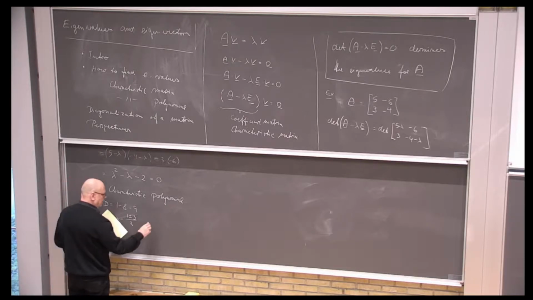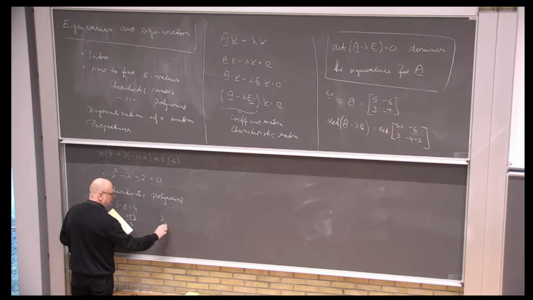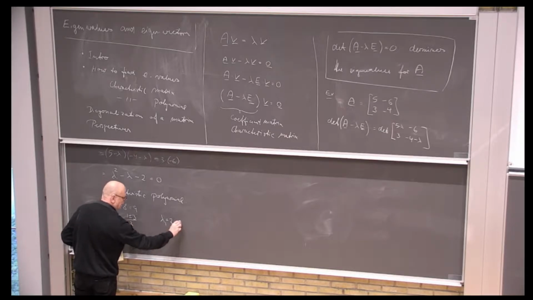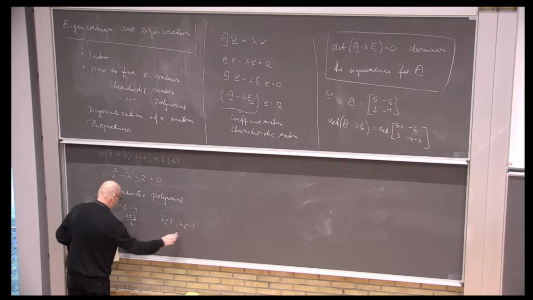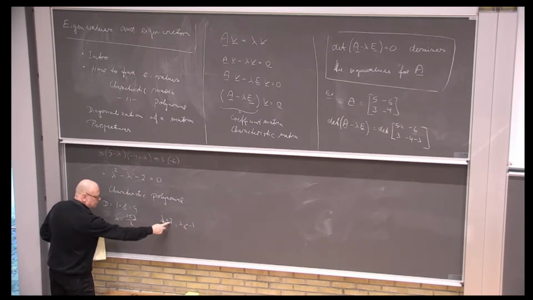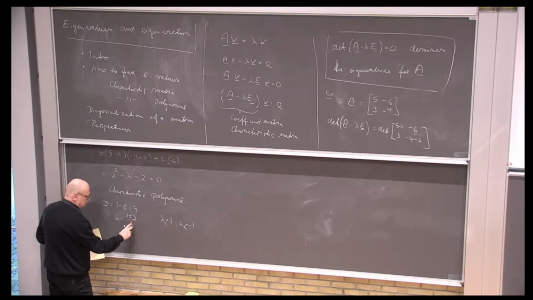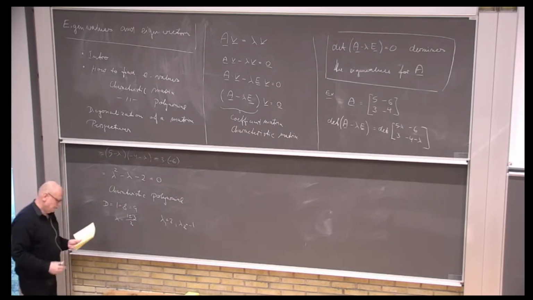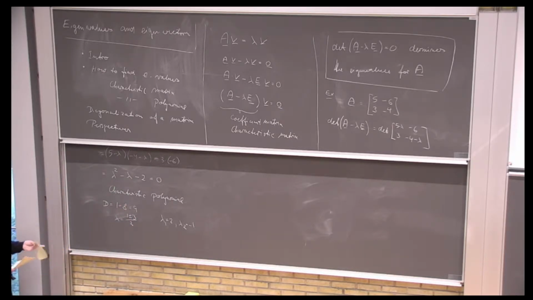And then you have that lambda 1 is equal to 2, and lambda 2 is equal to minus 1. That is, you get 4 divided by 2, and you get minus 2 divided by 2, that is minus 1. So this is the solution to that problem.